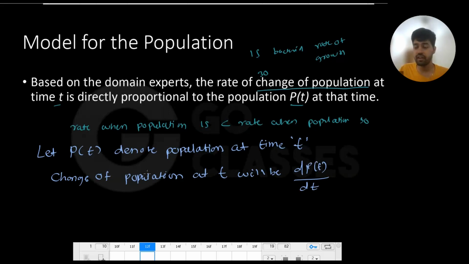So we are directly using the interpretation of derivatives. Derivatives represent the rate of change of a function at a given point. And here the change of the population is basically the rate of change of the function P of T at time T. So we are using this.